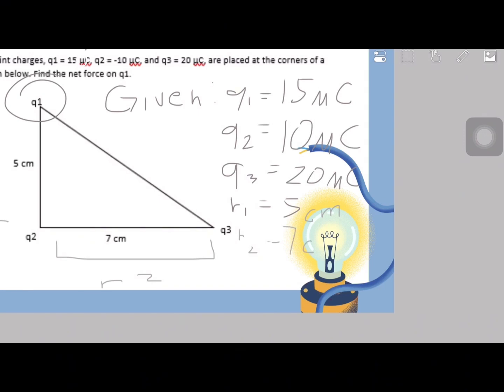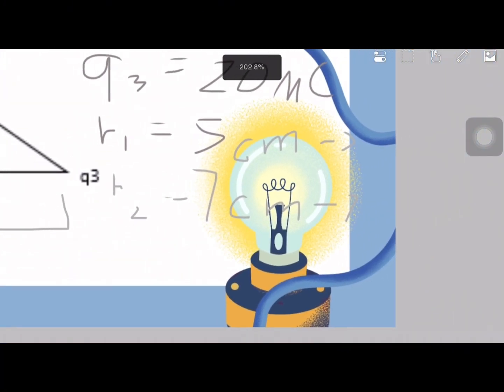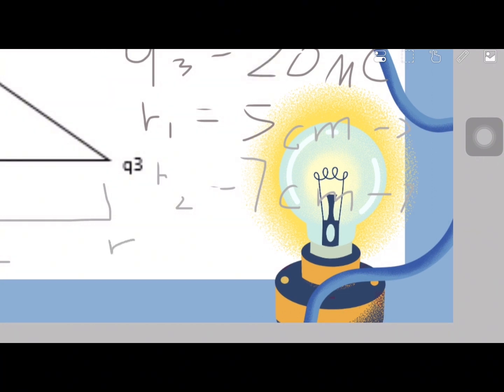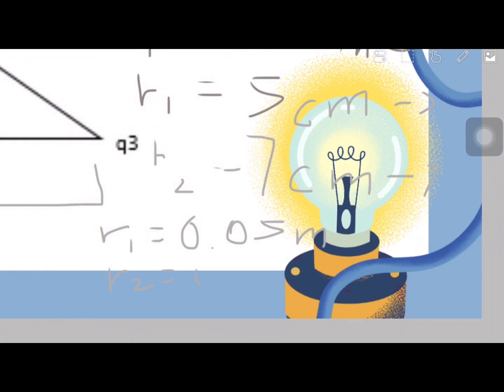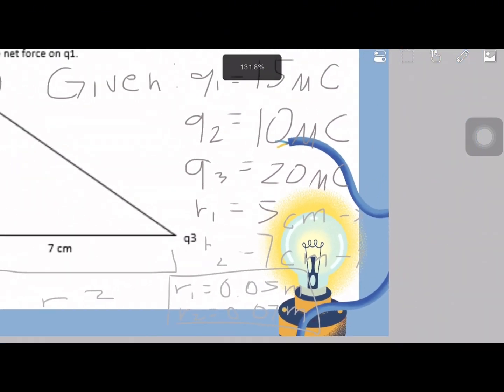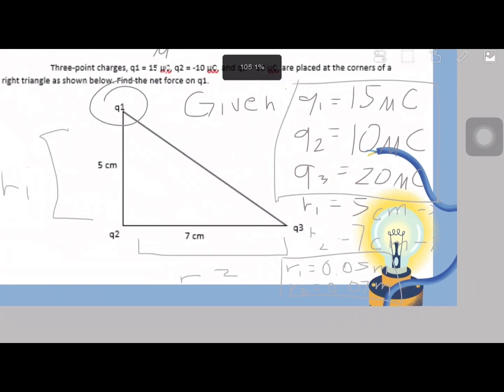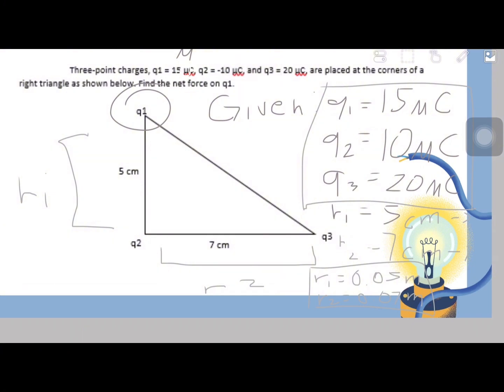So this is 7 cm. So R1 would equate to 0.05 m and our own R2 would equate to 0.07 m. So it's basic conversion from our own R1, R2, and then our own magnitudes of our own charges. All of this would be beneficial in answering this very, very scary looking right triangle.